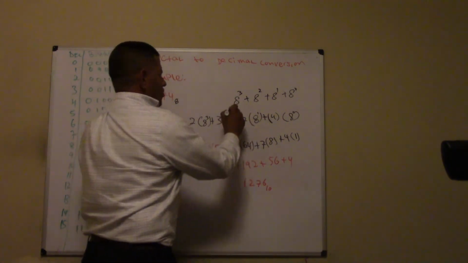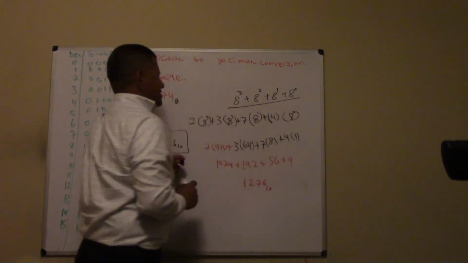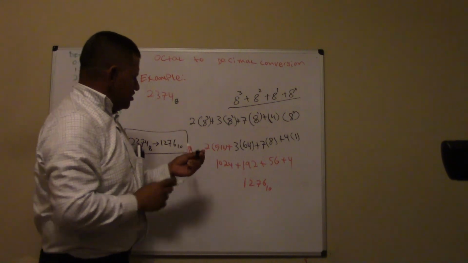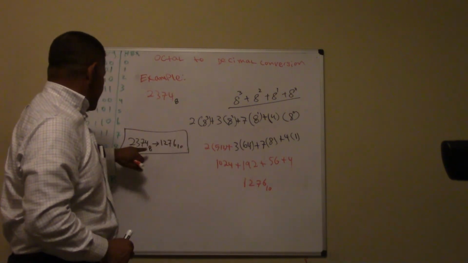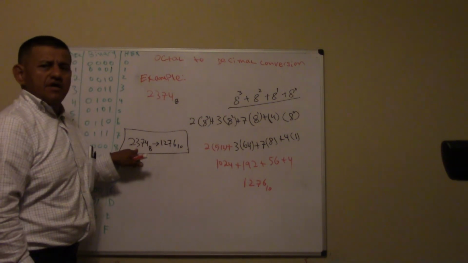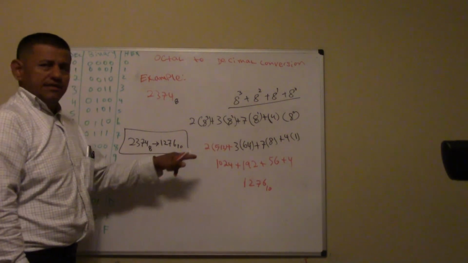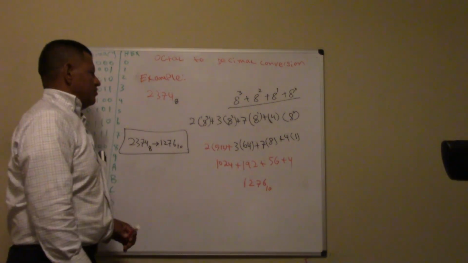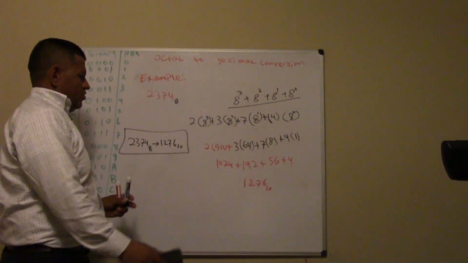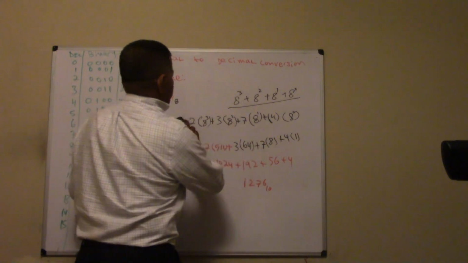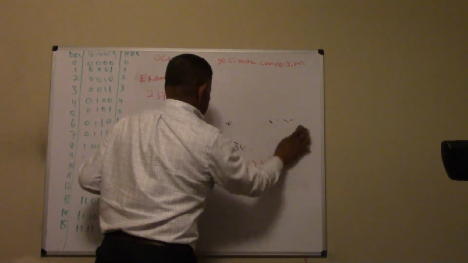Those are called weights. So we took the weights and multiplied by each digit of the octal, and we got the decimal. That's how we do that.